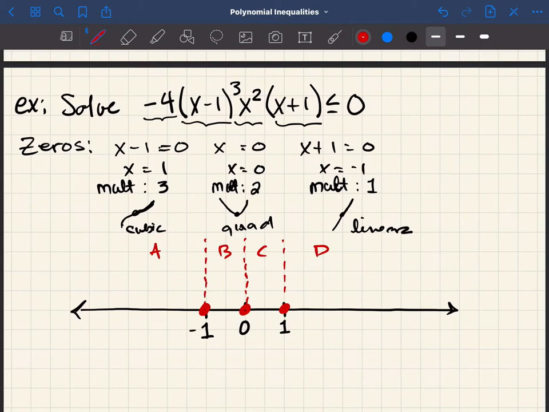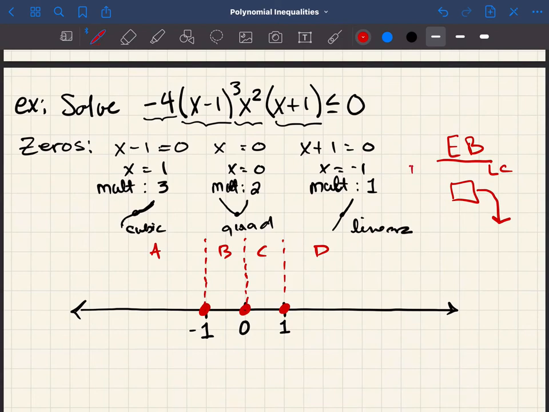All right, now in order for me to get a nice graph of this polynomial, we also need to look at the leading coefficient, and we also need to look at the total degree. So basically, we need to find the end behavior. So what's the end behavior of this polynomial? All right, so we start with our leading coefficient on the right-hand side, and we see that that is a -4. So that tells us that our right-hand side is going to be trending down.